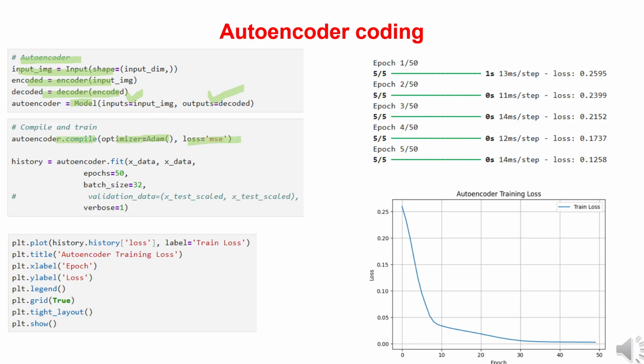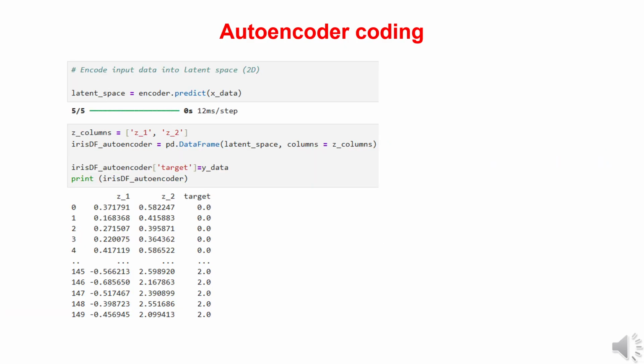After that, we train the autoencoder on X data for 50 epochs. Since the input and output of an autoencoder must be the same, both are set to X data. This allows the model to learn to reconstruct the input from the latent space. During training, the loss values are stored in the history variable. If we plot them, we can see the loss steadily decreasing over time.